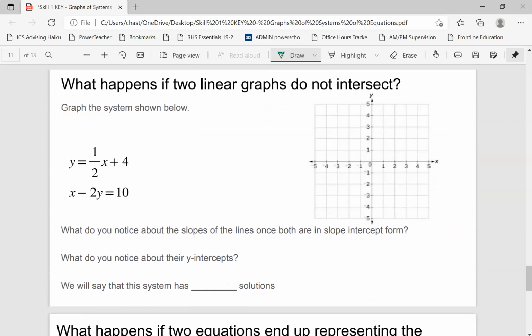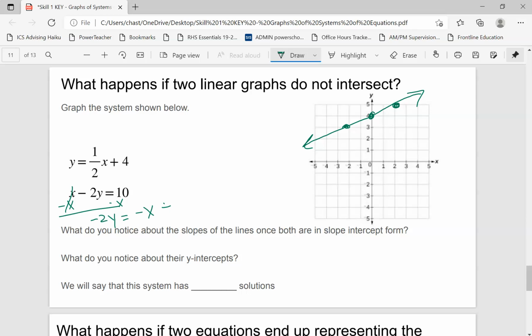What happens if two lines do not intersect? Well, if I graph this first one, y equals 1/2 x plus 4. Second one, I have to subtract x on both sides, and then divide by -2. I get y equals positive 1/2 x minus 5.